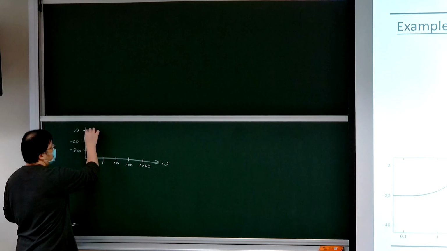I want to draw this with the same scale. So let's see if this is the same scale. Should be approximately. Or maybe I can move this up a little bit.